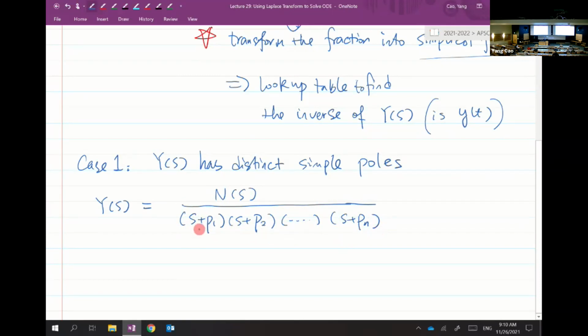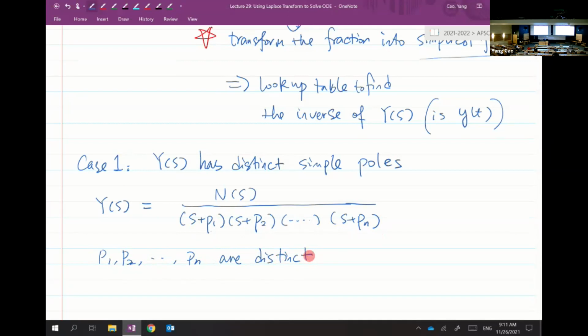Each one of the factors, as you can see, we call a simple pole. There's no higher order, just order 1. We call these P1, P2, up to Pn. Those numbers are distinct, so they're different. If some of them repeat, then it doesn't fall under this case.